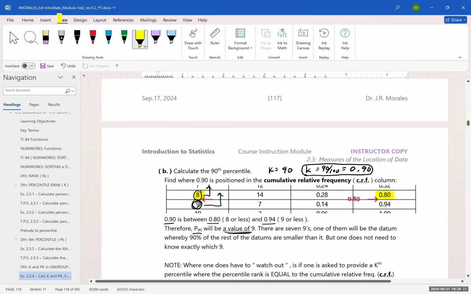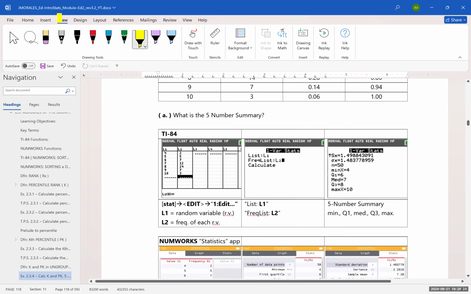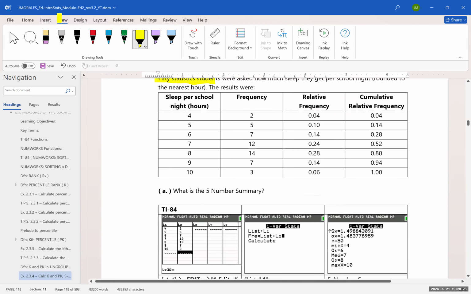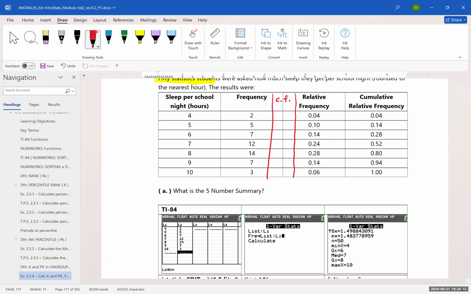So let's come up here. Here we've got frequency, but what's missing is the cumulative frequency. If we were to make a separate column here, we would start it with a value of 2. The cumulative frequency for 5 hours of sleep is going to be 5 plus 2, so it'll be 7.